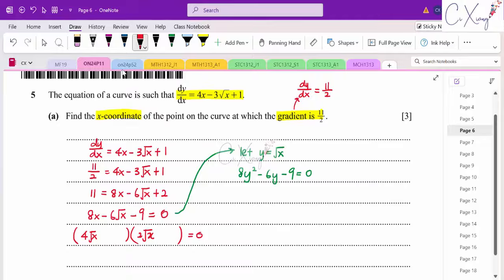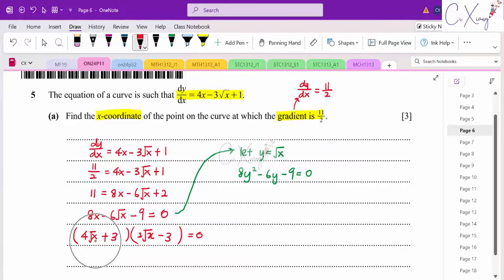Oh, sorry, I want to have a negative 6 square root x, so I should have negative 3 here. Then this one is a positive 3. So this is how you factorize it. Again, if you don't know how to factorize it in this form, then you can change it to a quadratic equation in terms of y, then factorize. But of course, later you need to find back the value of x as a final answer.